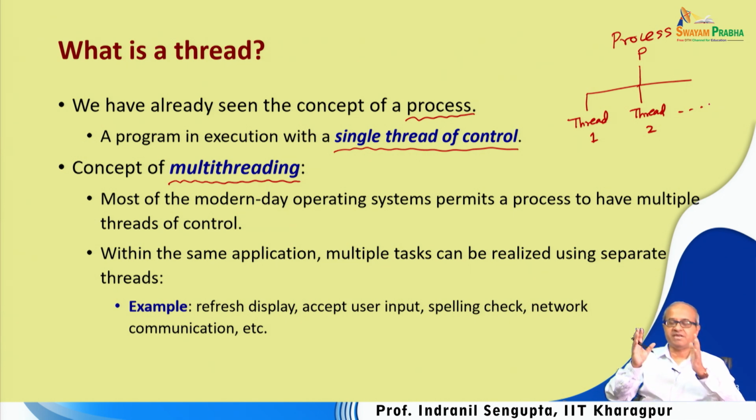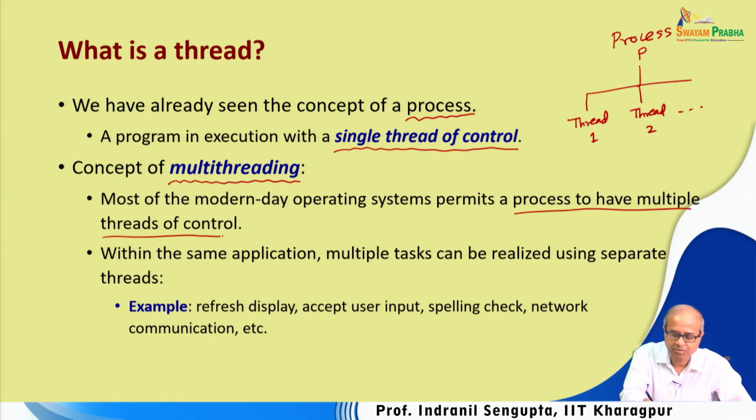So, the concept is like this: a process was a unit of execution, so far as we have discussed with respect to the CPU, but now I am saying inside a process you can create multiple threads. So, a process can have multiple threads of control.